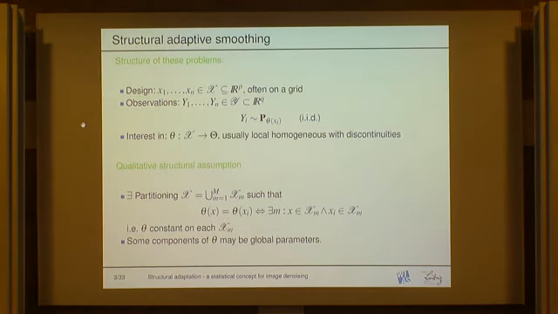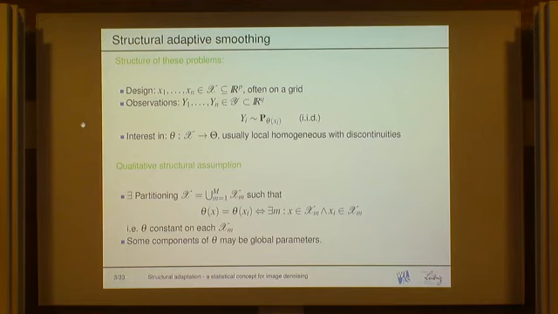The general idea. The structure of these problems is quite common. You have a design X in some p-dimensional space. Often observations are on a grid in case of images. You have observed gray values or color values or vectors of characteristics.